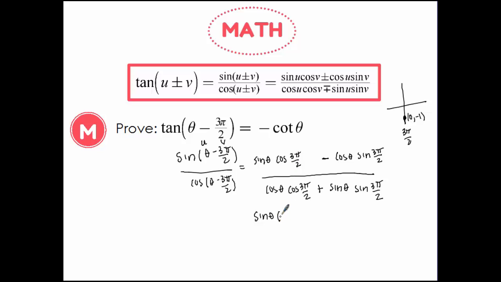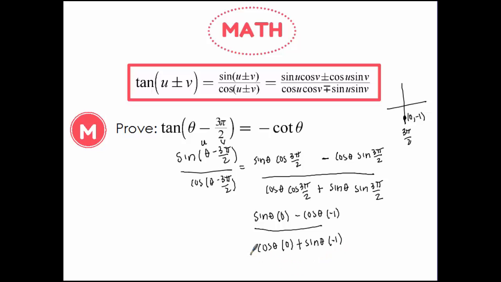Cosine of 3 pi halves is 0. Cosine theta does not change. Sine of 3 pi halves is -1. All over cosine theta, we know that cosine 3 pi halves again is 0, plus sine theta. Sine of 3 pi halves again is -1.